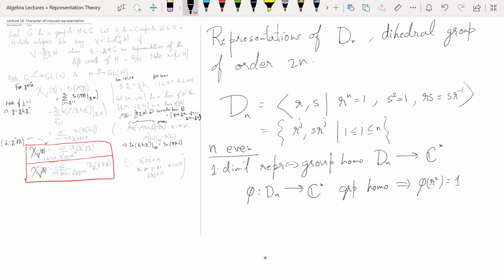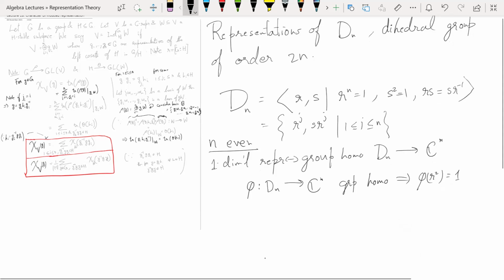These relations tell you how to write down the multiplication table. There is an n-gon, with vertices labeled 1, 2, 3, and so on.